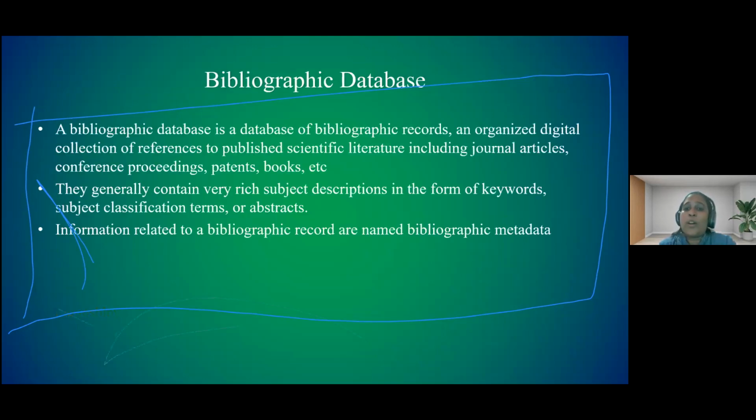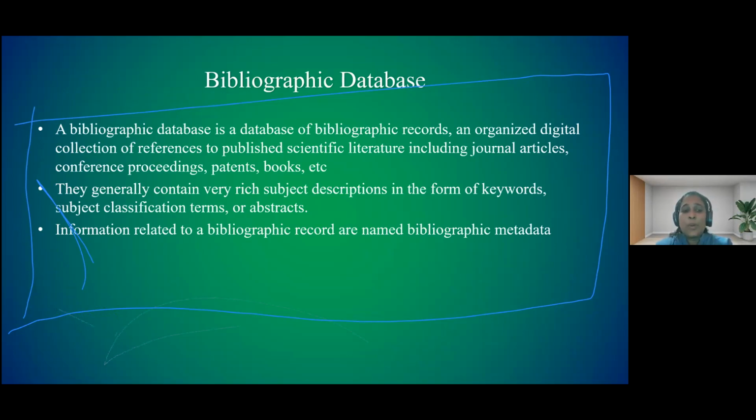Then what is a bibliographic database? A bibliographic database means a database with a collection of all references, because you can see journal articles, conference proceedings, books, all these things we call bibliographic records. In the bibliographic records, keywords, abstracts, everything are included.